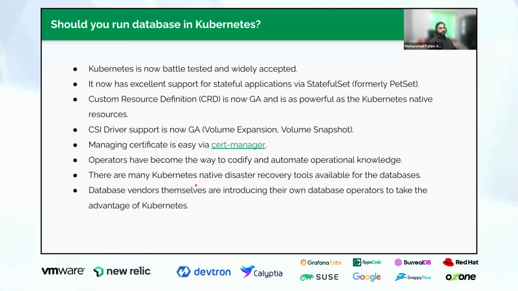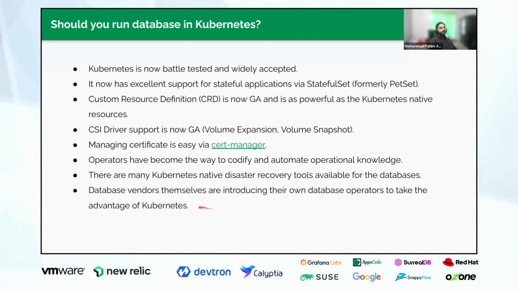Then people need disaster recovery tools, to back up and recover their database when some disaster happens. In the last couple of years, Kubernetes has gotten a lot of disaster recovery tools. You can use those to back up your database and recover when a disaster happens.